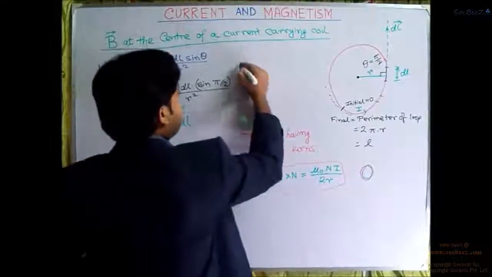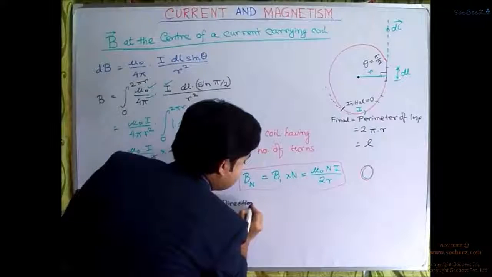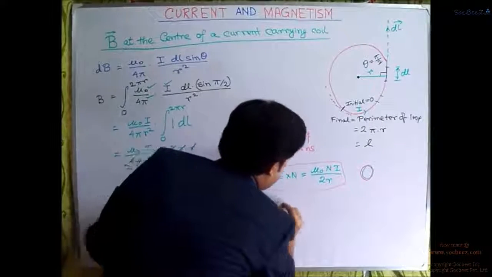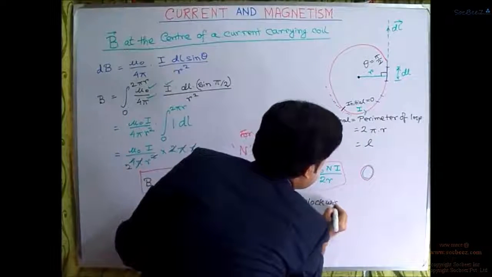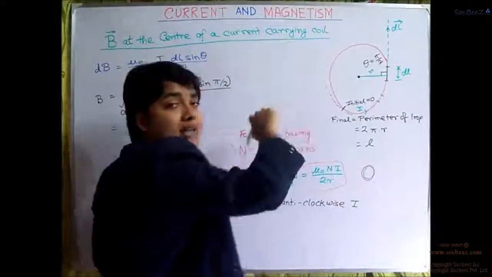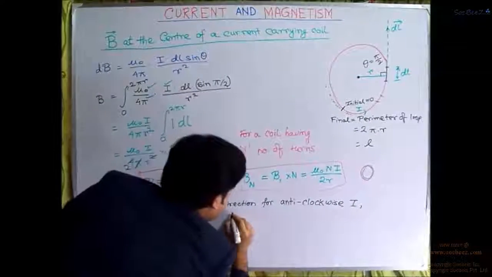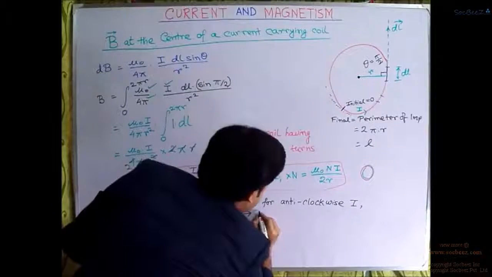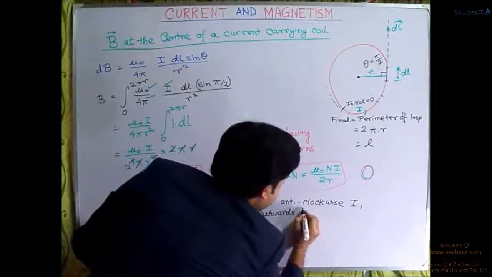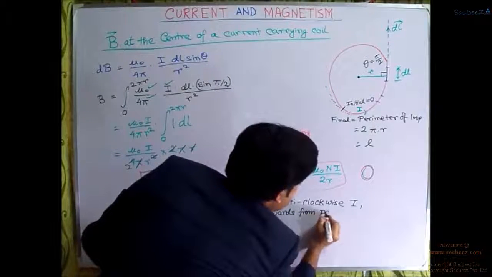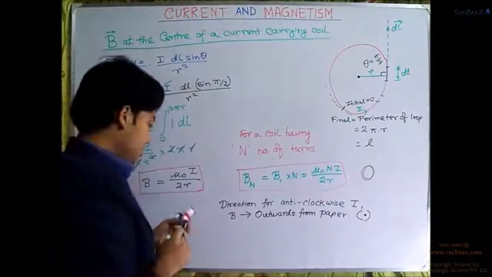So we can write the direction: for anti-clockwise I, B will be outwards from the paper, or simply this symbol, right?